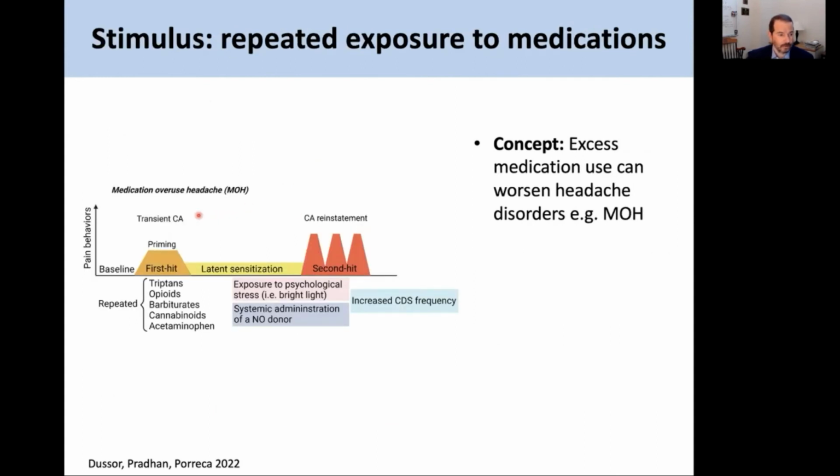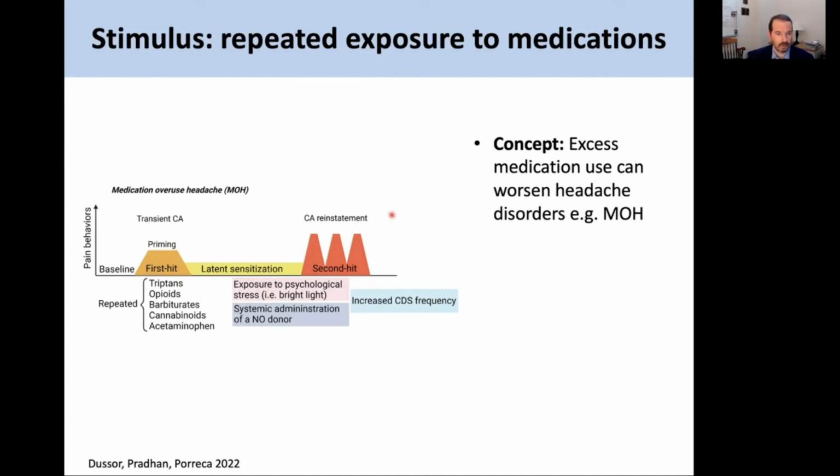Next is another multi-stimulus context, except in this case, the first stimulus would be repeated exposure to some kind of medication, whether it's a triptan, an opiate, acetaminophen, or a cannabinoid, that would cause a response when the stimulus is repeatedly administered. The responses go away, you enter the latent sensitization phase after the exposure to the medication stops, and then again, you can come back to the animal with a normally non-noxious or subthreshold stimulus and precipitate a response only in the animals that were previously treated with the drugs.